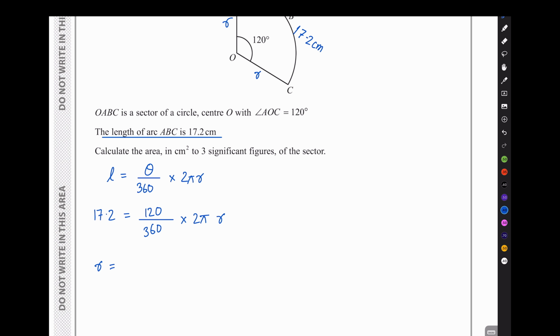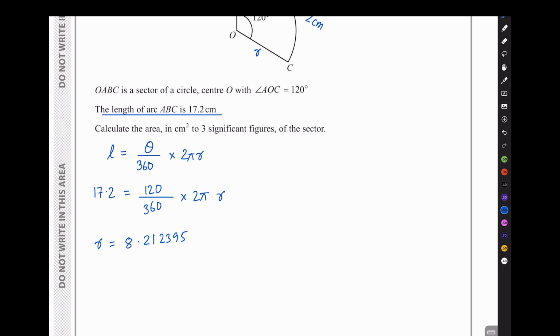So r is equal to 17.2 divided by that, which comes out to be 8.21295. And we need to find the sector area, right? So the area of the sector is, again, write the formula, theta by 360 times pi r squared.